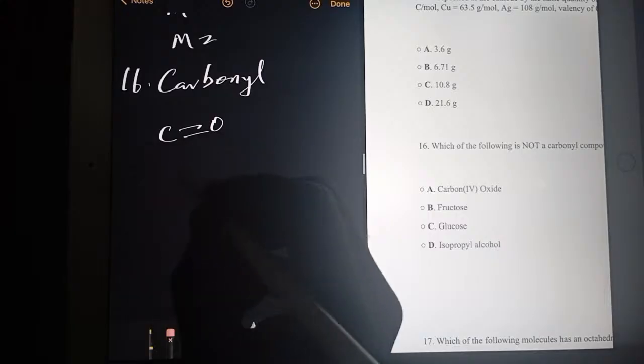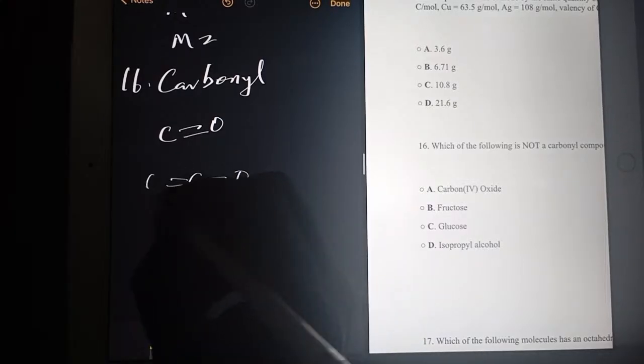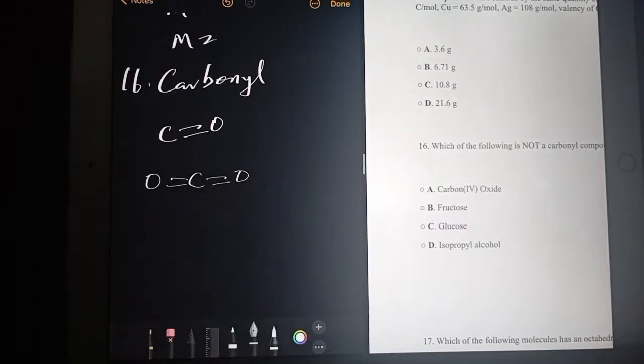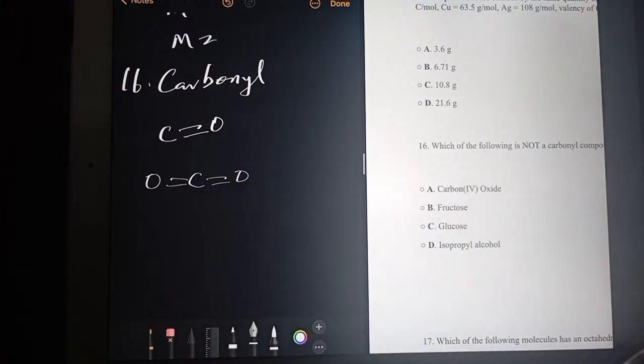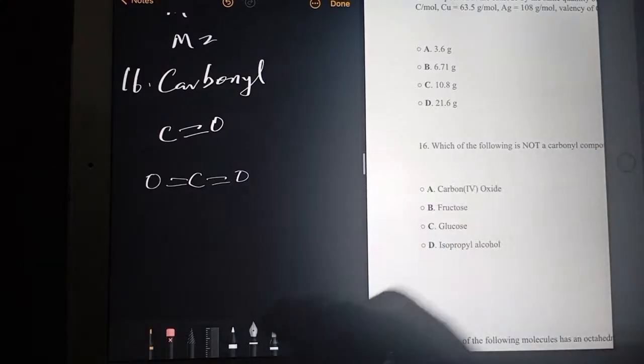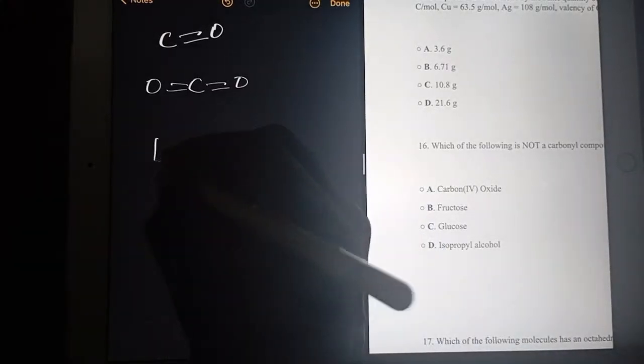So carbon(IV) oxide, which is the first option, is O double bond C double bond O. So with this, it is obvious that it contains C double bond O. So any compound that has C double bond O is a carbonyl compound. So this implies, we go to the next one, fructose.